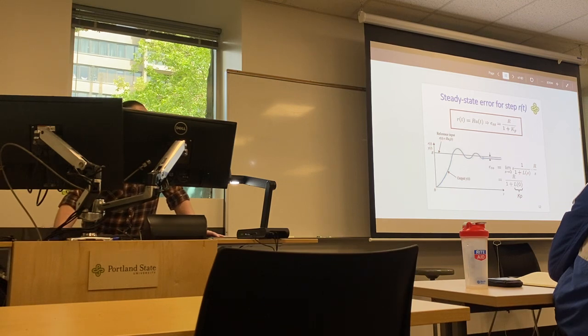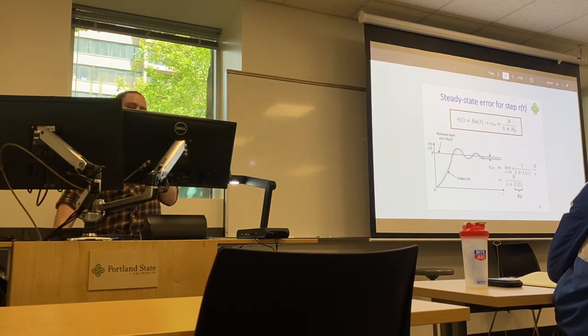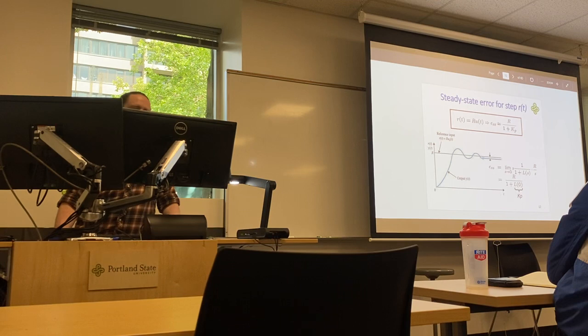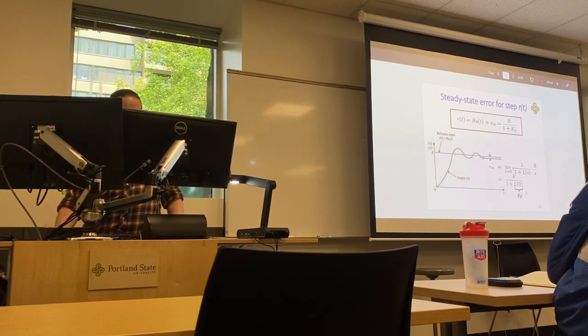So steady state error for the step response here, we have r of t equal to the unit step times some constant. So therefore our error in steady state would be that constant over 1 plus whatever our KP is. We can calculate the KP, and kind of showing that right here, still expand it out a little bit more.